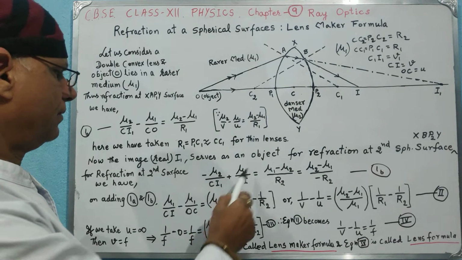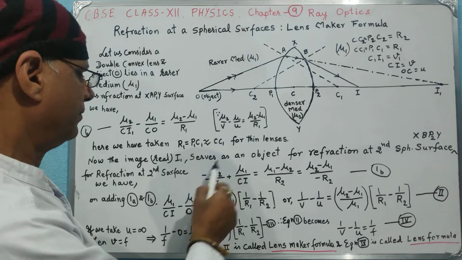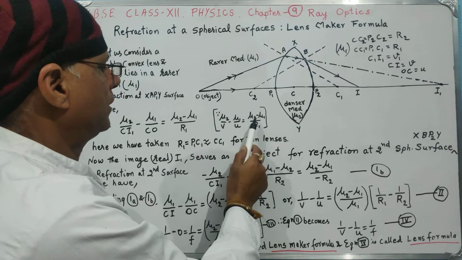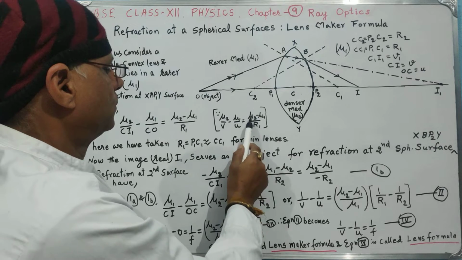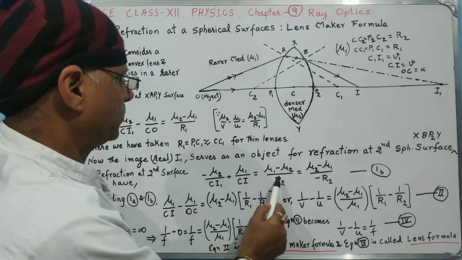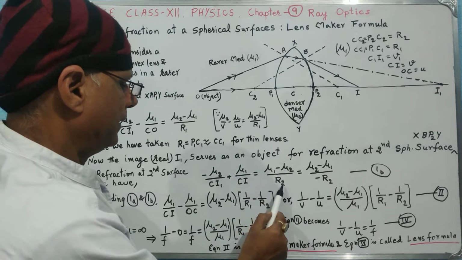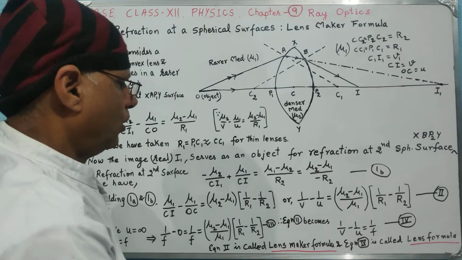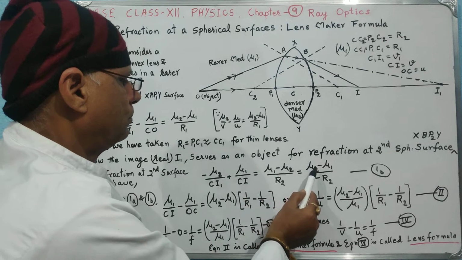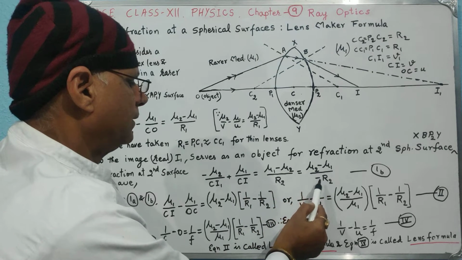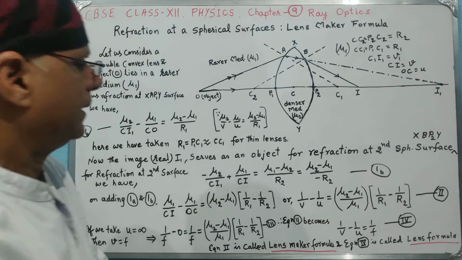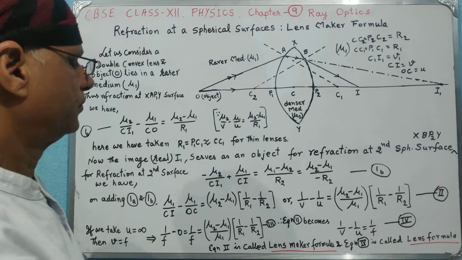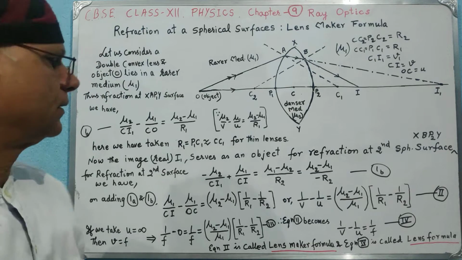So I believe that you have understood how we have got this expression, and that equal to, we are exchanging mu1 and mu2, so mu1 minus mu2 divided by radius of curvature, in this case it is R2, so we write like this. And now if we take minus sign common, in the numerator it becomes mu2 minus mu1, and in the denominator we get minus R2. Now we name it as equation 1b.